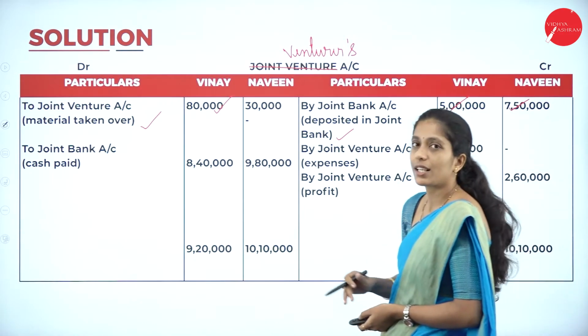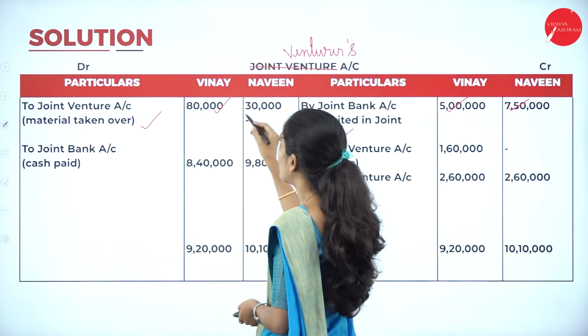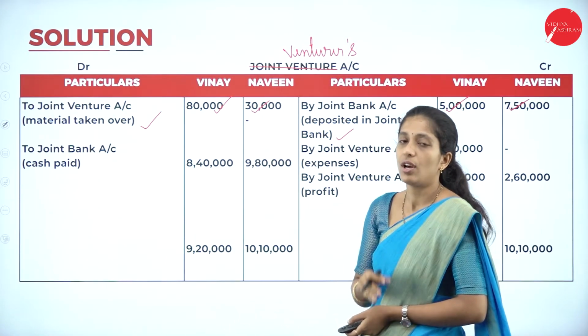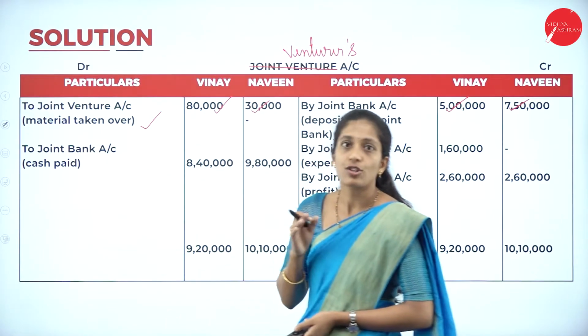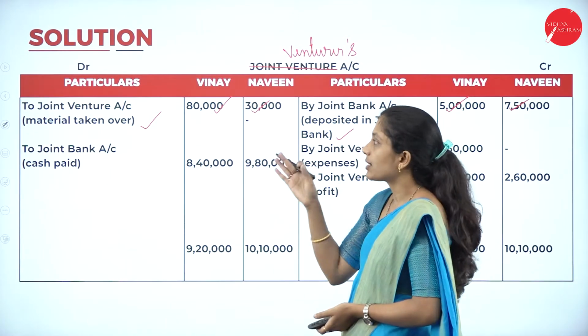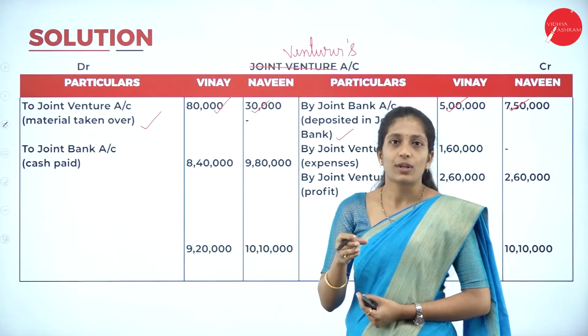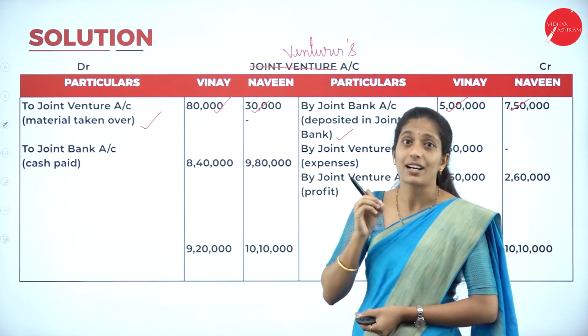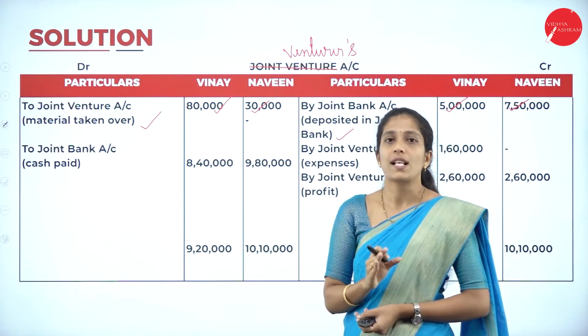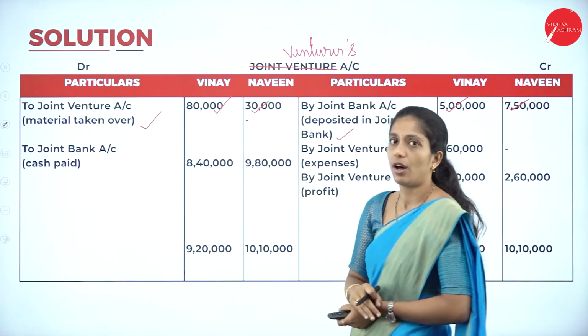You have already written for material taken over, so write 30,000 here itself. Or you can write here, to joint venture account, unsold material taken over. You need not write it two times, you can adjust in one time, because the account is the same, right? So you can write once and write the amounts in different columns.